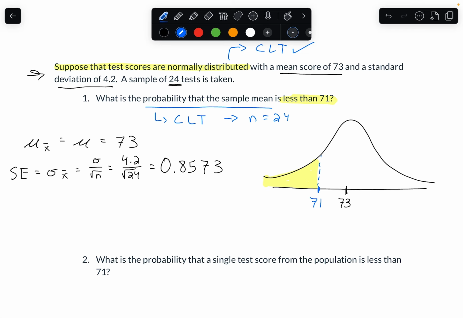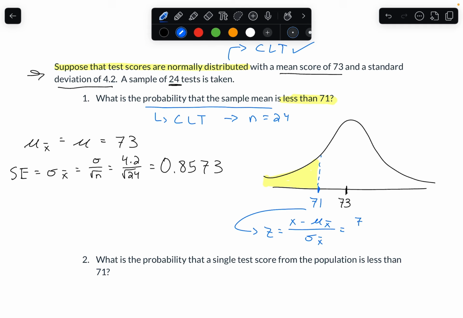So the first thing that I need to do is find the z-score corresponding to 71. So z is equal to x minus the mean of the sampling distribution, divided by the standard deviation of the sampling distribution.